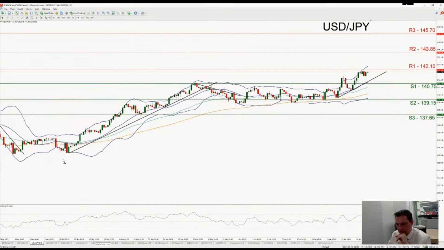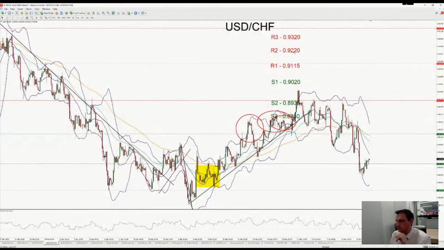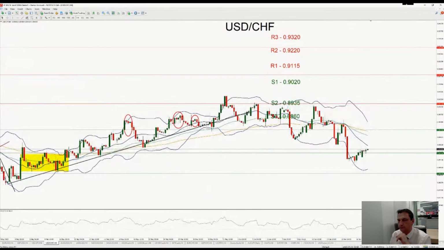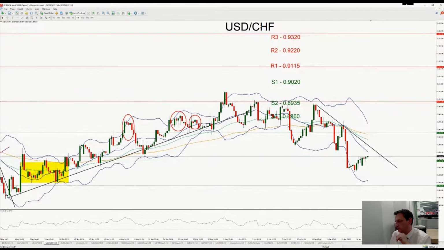Okay, let's have a look at USD CHF. That has been a drop. Let's zoom in. Let's also draw a downward trend line. 0.9320, that holds.